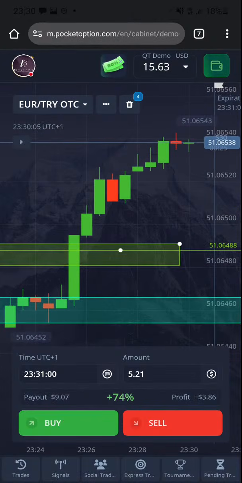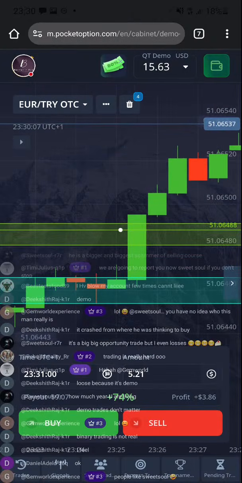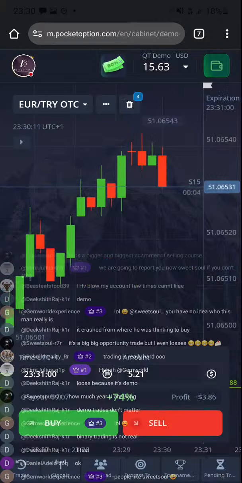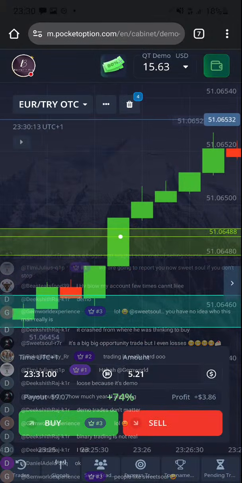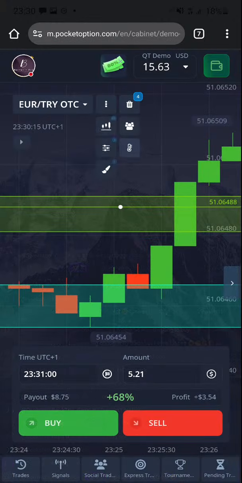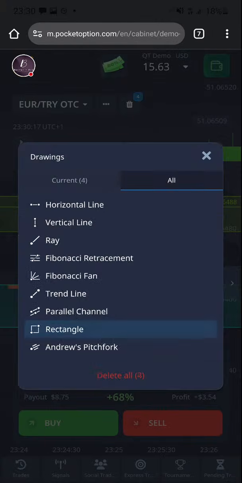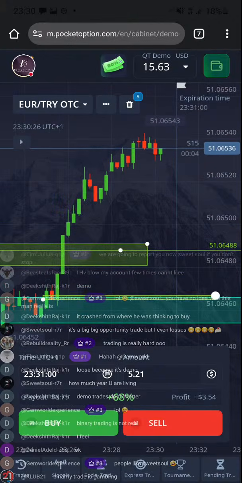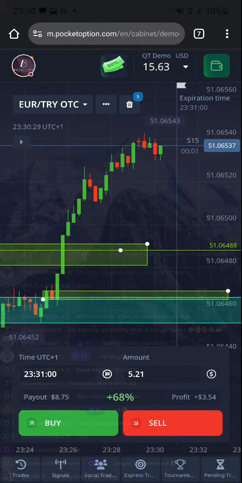Now what we are looking for is a demand in the lower time frame. Yes, we found it. This is the one we are looking for. So we will mark it as a lower time frame entry. And immediately price comes into this entry, we will take the trade with buyers. It's as simple as that, guys.